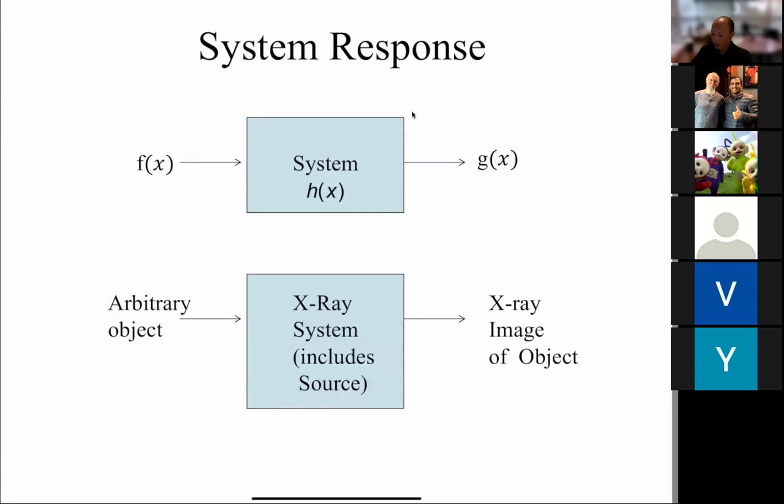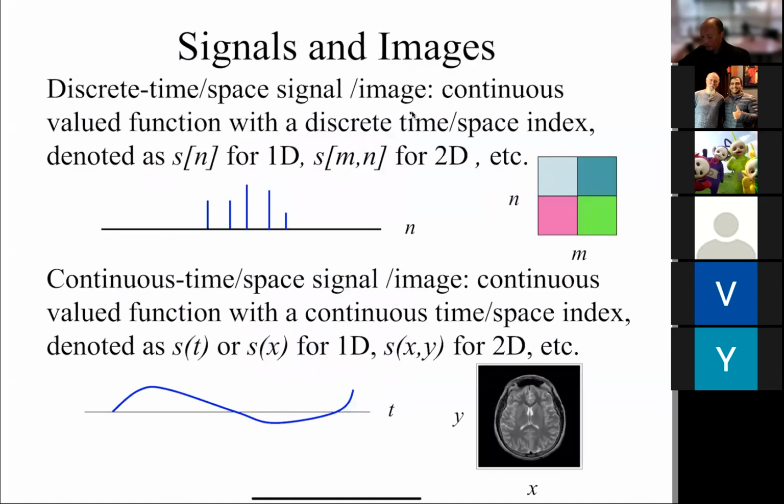Now, in general, we'll have some arbitrary function f of x, and we put it through our system and get the output g of x. That's an arbitrary object that we're going to image, say, with our X-ray system, and then we get our X-ray image of the object. So we want to be able to relate the impulse response, the response to delta of x, to the response to any arbitrary input f of x. That's really just a first pass at impulse response. We'll dive a little more into the Dirac delta function in a little bit.